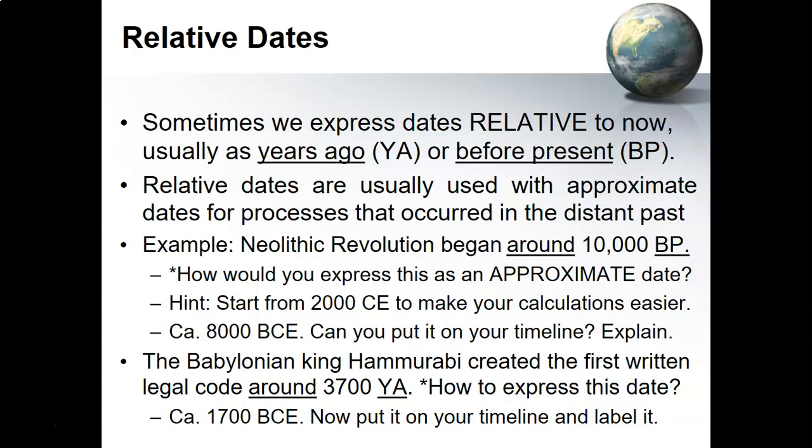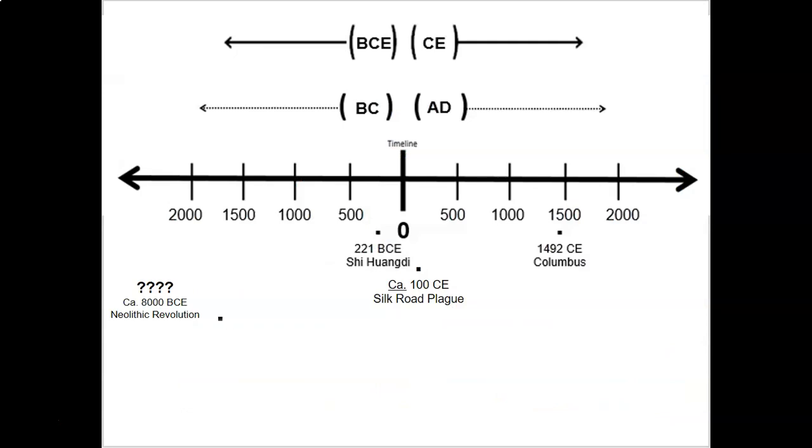Circa 1700 BCE is the expression of the date for something that happened around 3,700 years ago. You can put that on your timeline and label it. Again, we have to put both a circa because we're estimating and the BCE because we're on the left side of the 0.